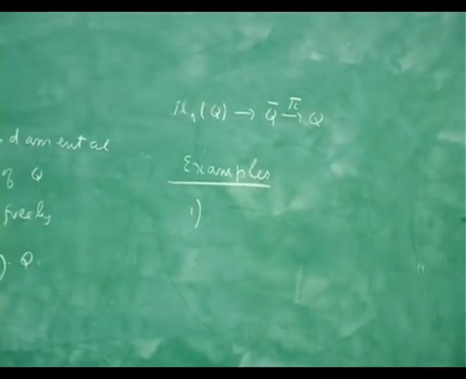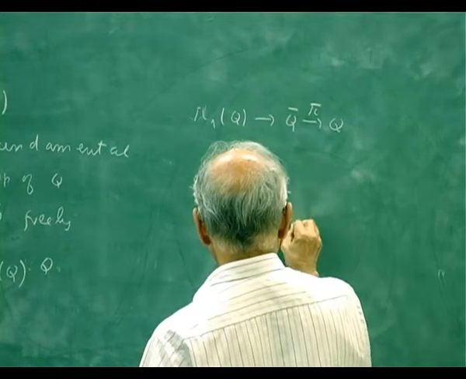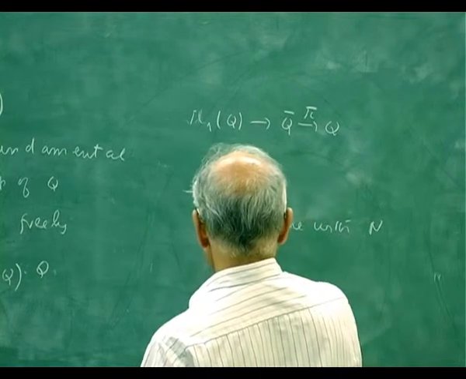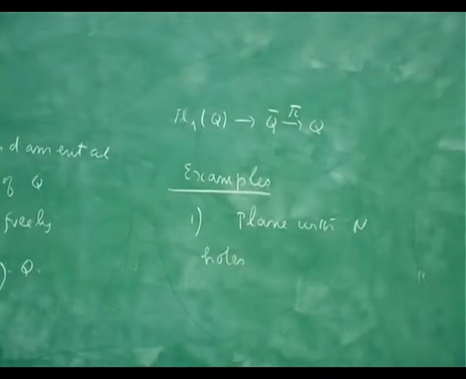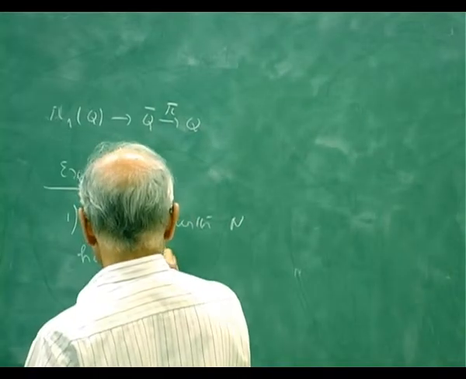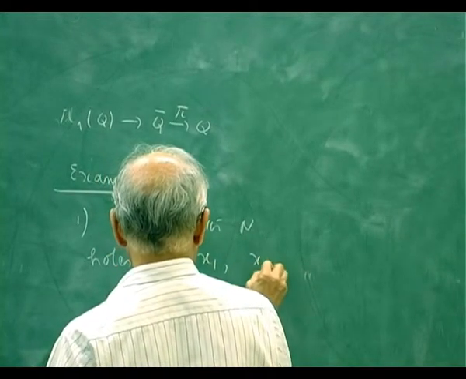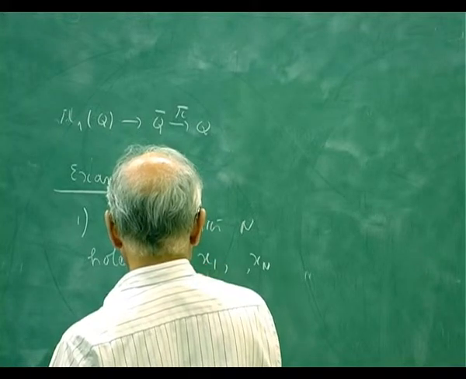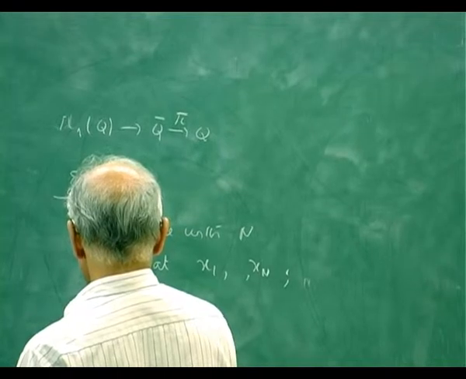The easy example is to just look at a plane with n holes, x1 up to xn. And these holes are positioned here, where no two holes coincide.